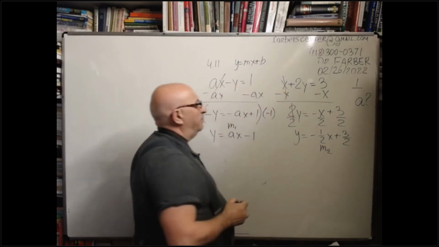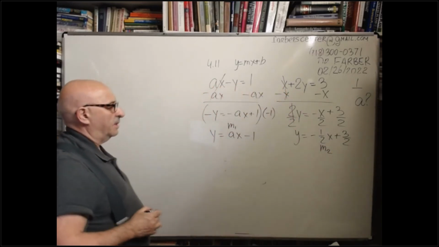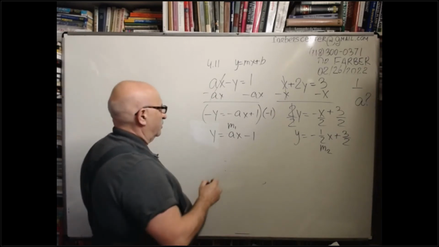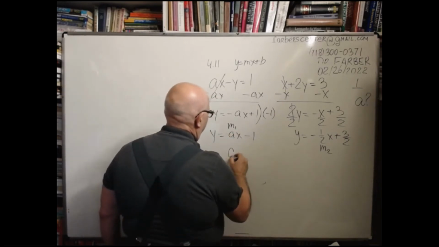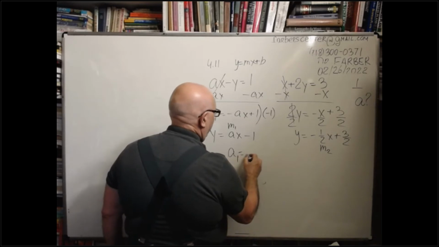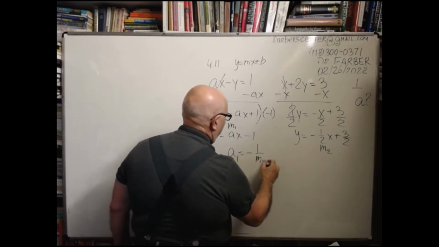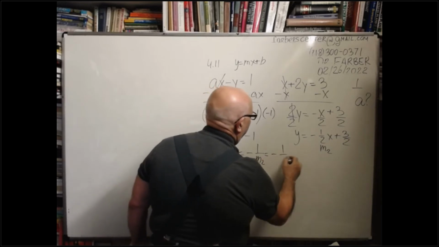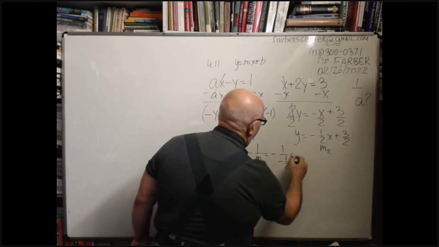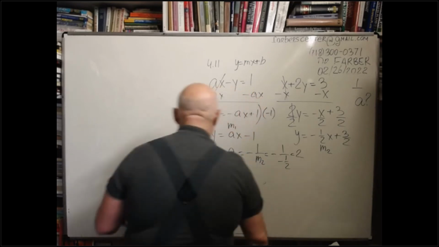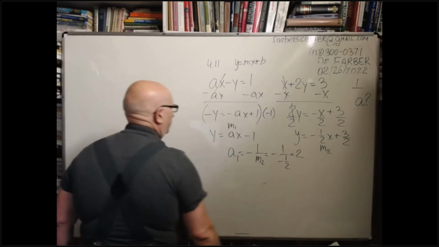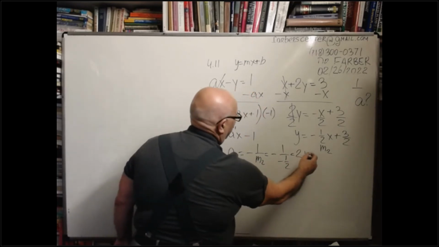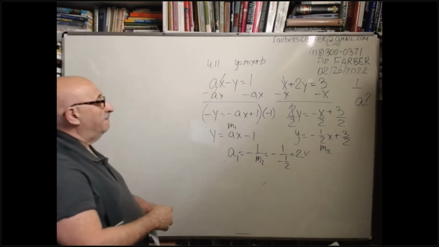If two lines are perpendicular, the slopes are negative reciprocals. So m1 equals negative 1 over m2, or negative 1 over negative 1 over 2, which is 2. Right? That is what they ask you to find. So far, so good.